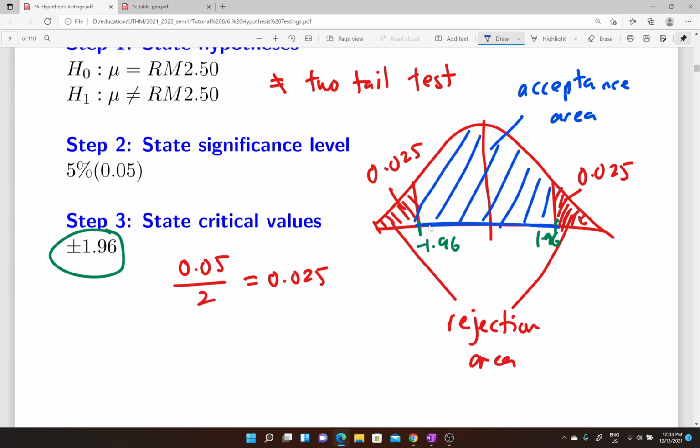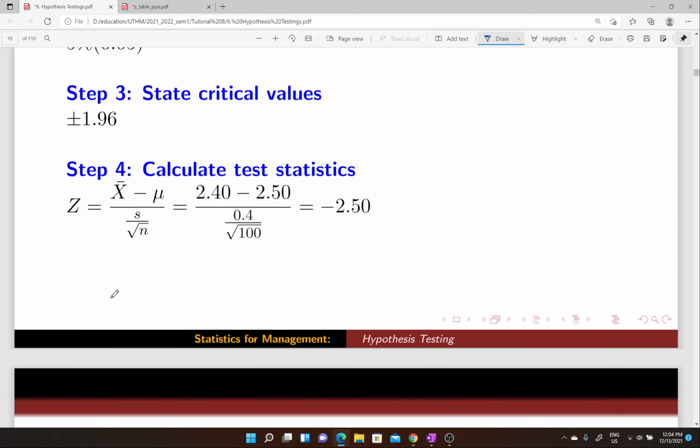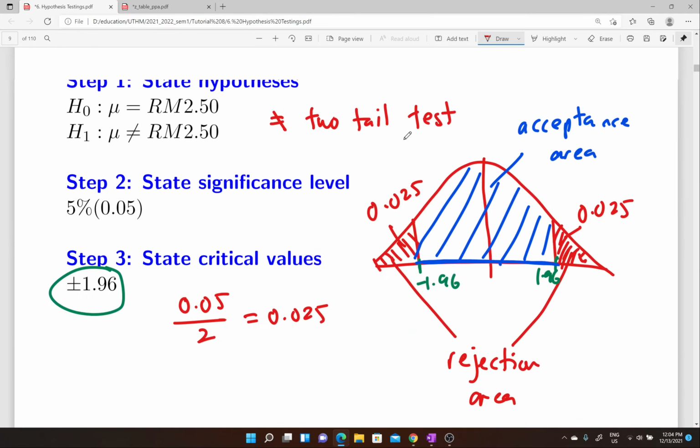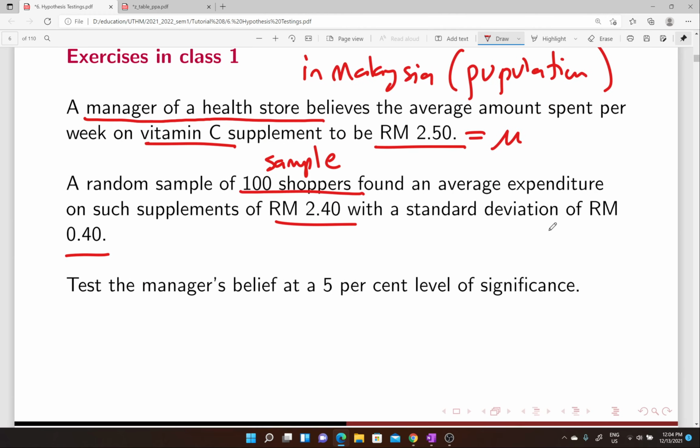All right. What are this rejection area and acceptance area? Then we will see. Step 4, calculate the test statistic, using this formula here. This formula is only for n greater than 30. You can see here n greater than 30.